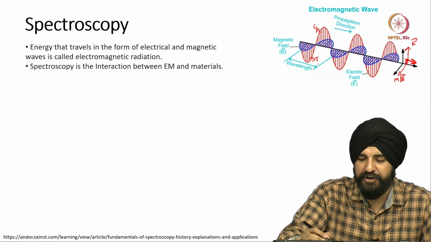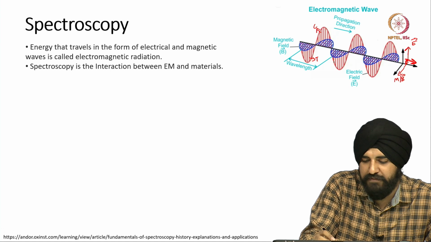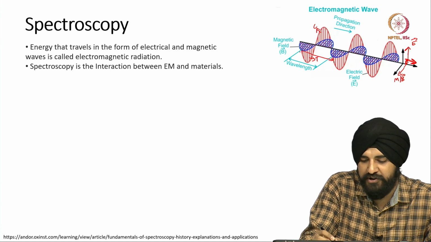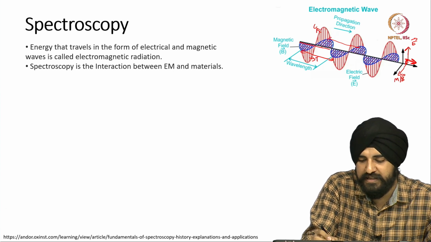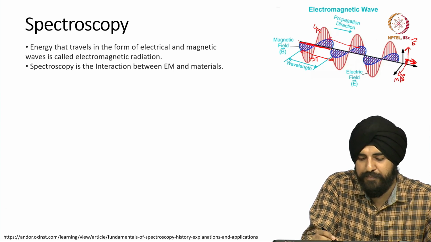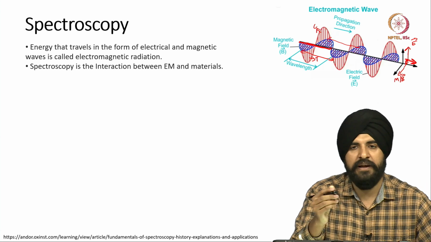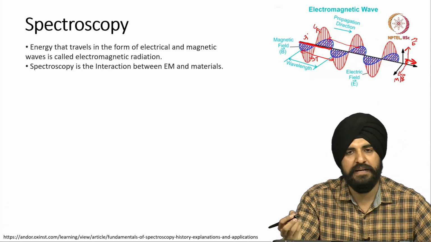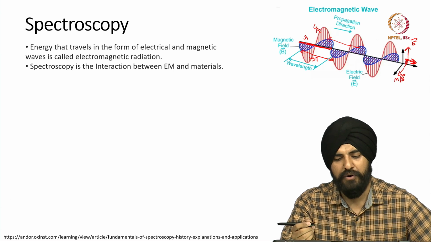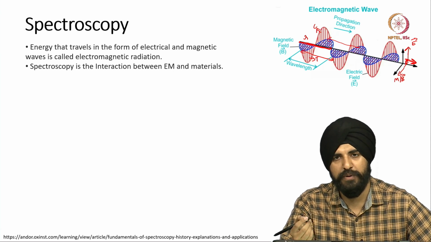The wavelength is the distance between two consecutive troughs, or two consecutive crests, and it is represented by lambda. There is also a term called frequency.